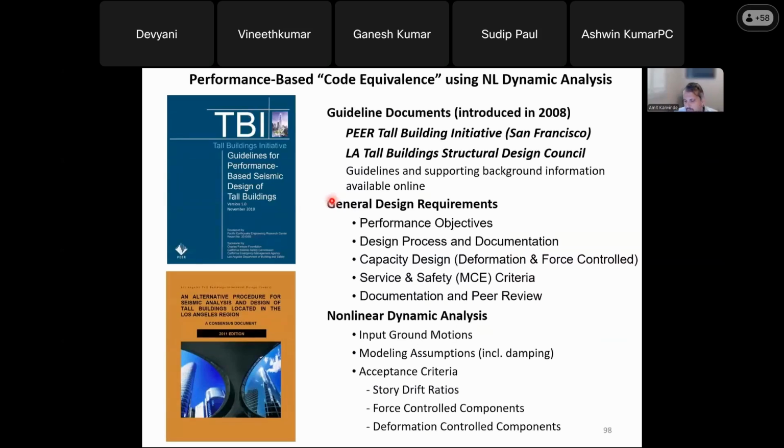Okay. So this is important because what the US code allows us to do now is that if we can demonstrate using other methods, what we call code equivalence. In other words, if we can show using nonlinear dynamic analysis and some guidelines that I'm listing on this page, that a structure is able to meet certain collapse probabilities.